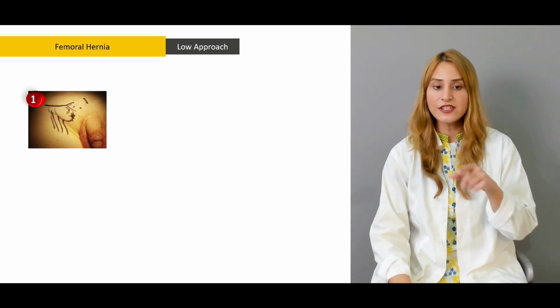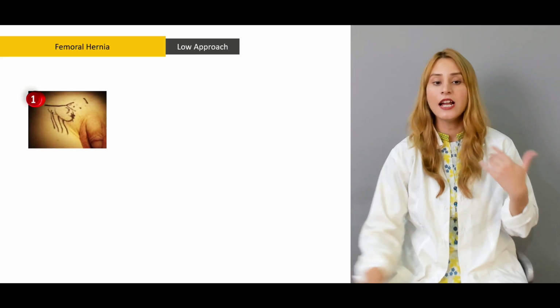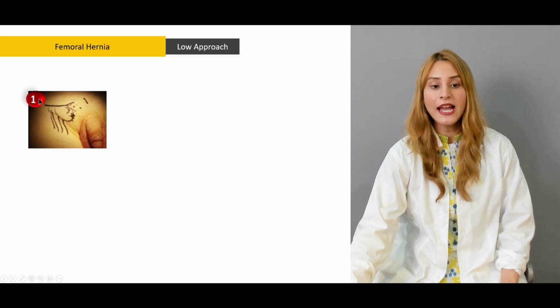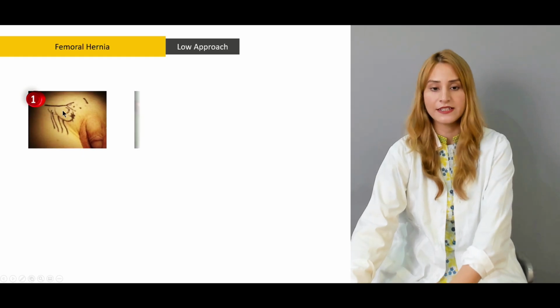You give a transverse skin incision. You can see here that this is basically the hernial sac or the swelling, and then you give a transverse skin incision under local anesthesia.